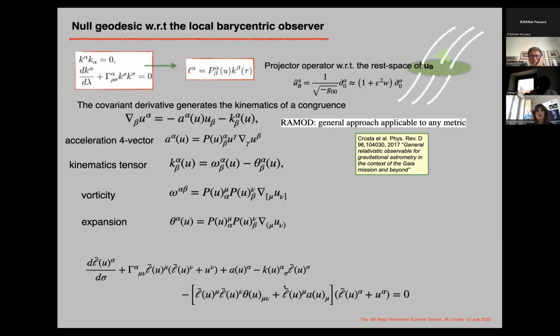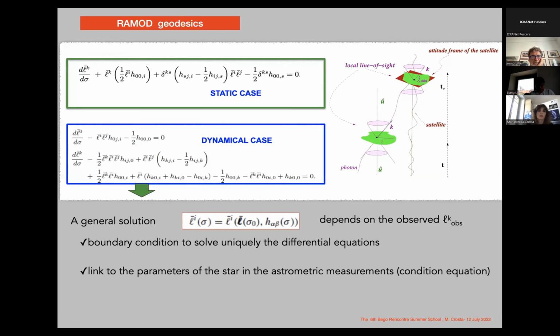So this is the final equation for RAMOD, which can be solved both in the static case or in the dynamical case when we consider the velocity of the solar system bodies. Each of these equations, of course, is constrained by the observer direction of the satellite.